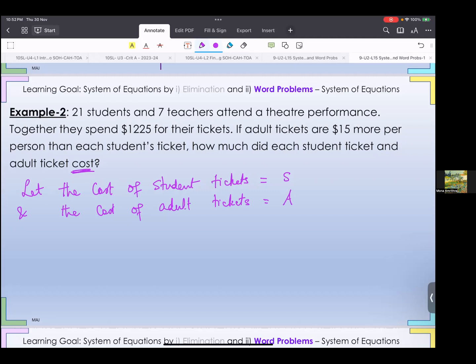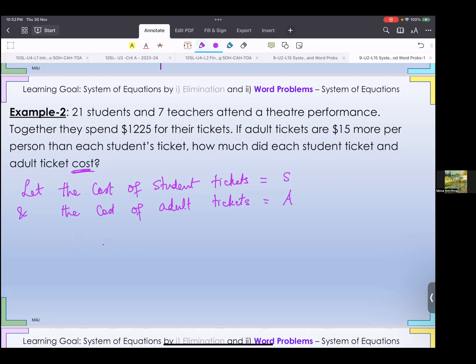So we have 21 students and 7 teachers. We cannot write S plus A equals 21. That would not be correct, right? Because we are looking at the cost of each ticket. What we could do is say the adult tickets are 15 more per person than each student ticket, right?